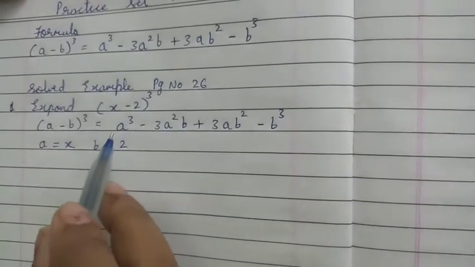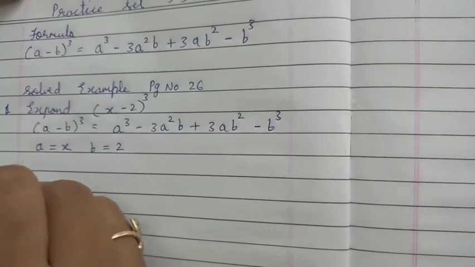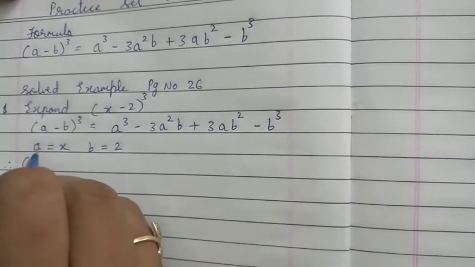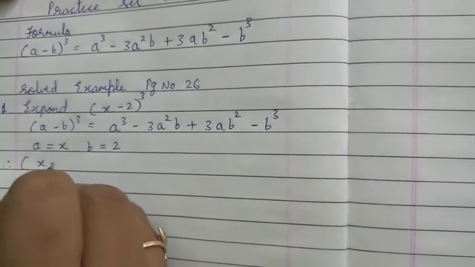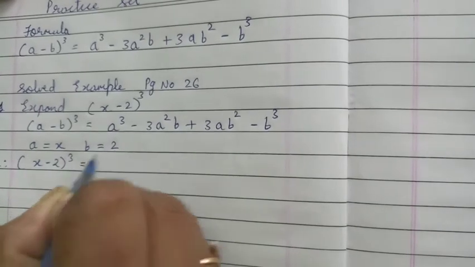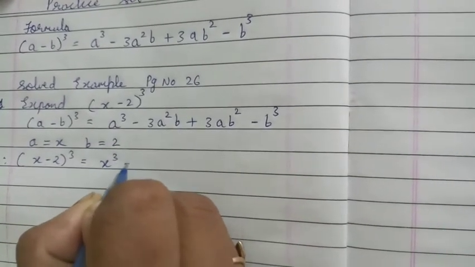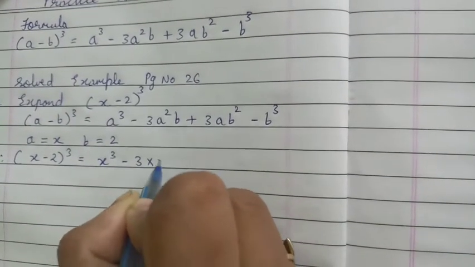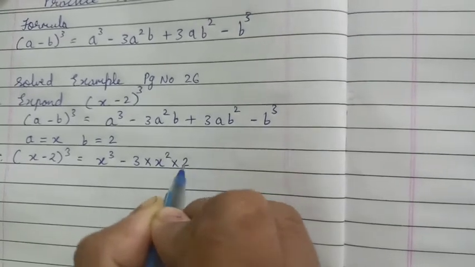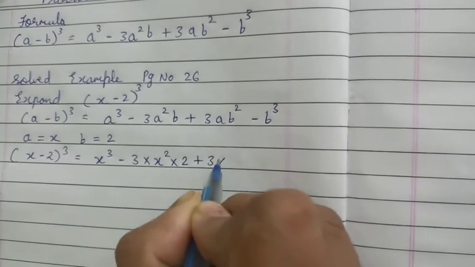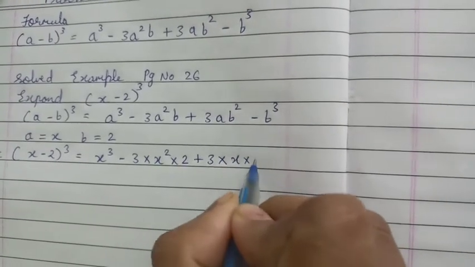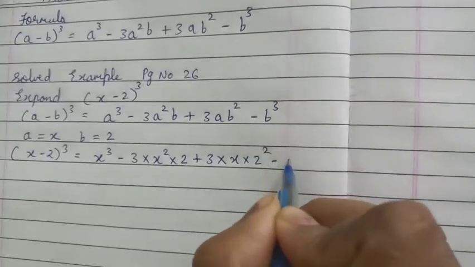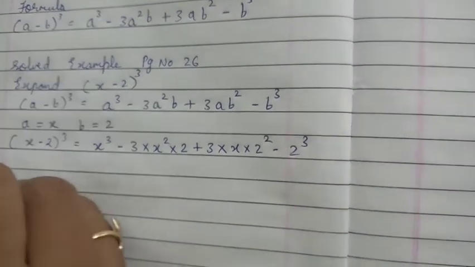Now we have to put the values in the formula. So a's value is x and b's value is 2. So (x − 2) whole cube equals x cube minus 3 into x square into 2 plus 3 into x into 2 square minus 2 cube. Now solve it.